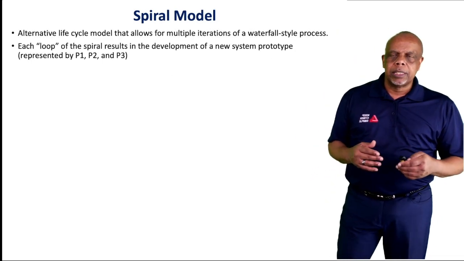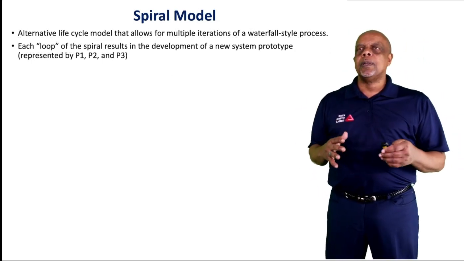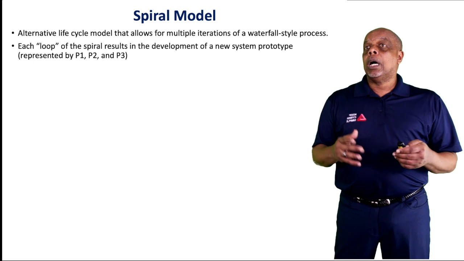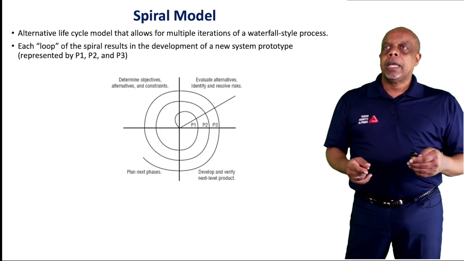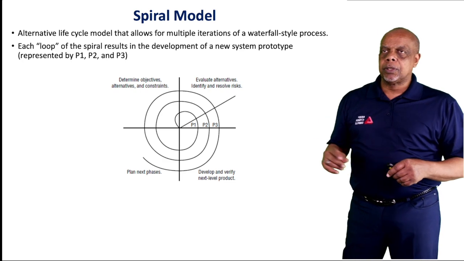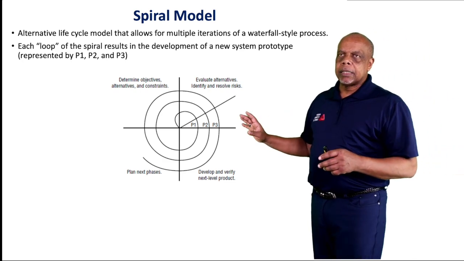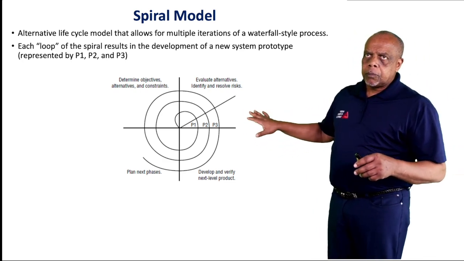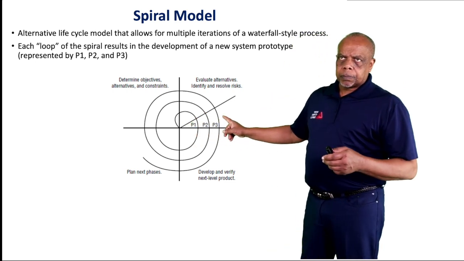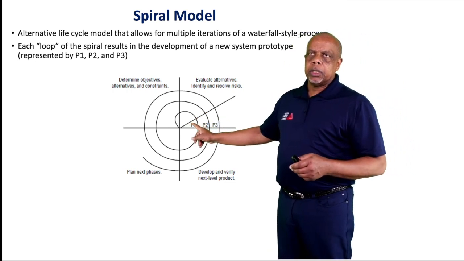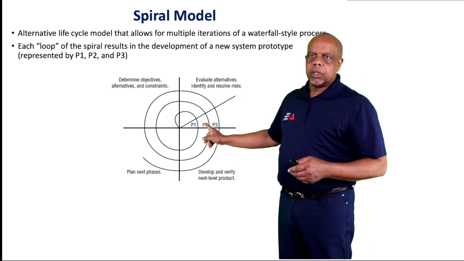Now, there were some iterations, updates, and improvements made to this waterfall model to help speed up the life cycle. And this was the spiral model. You still hit the same process, but at each of these loops you would start with an idea.